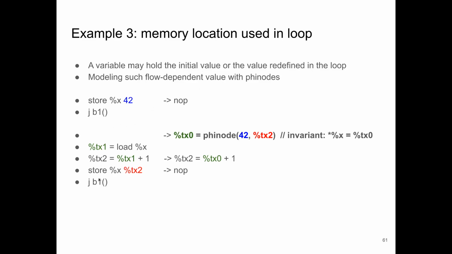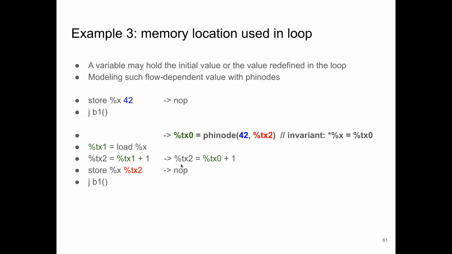at the beginning of this B1, it is unclear which value is stored in this x. At the initial iteration, it is definitely 42, but at the later iterations, the value should be tx2, which is just calculated here.